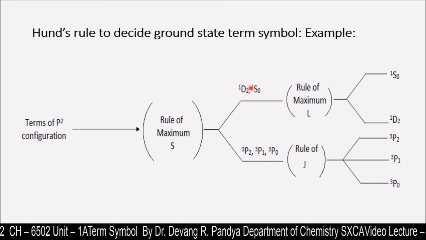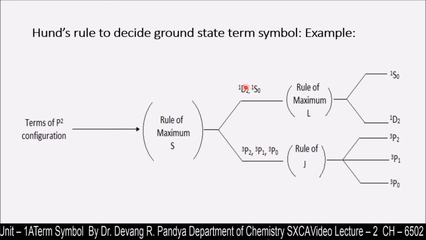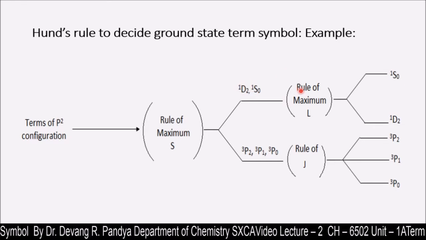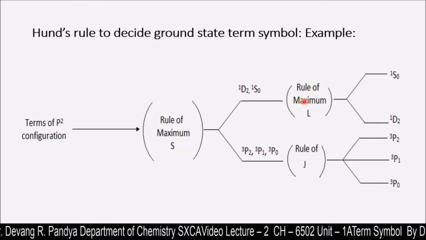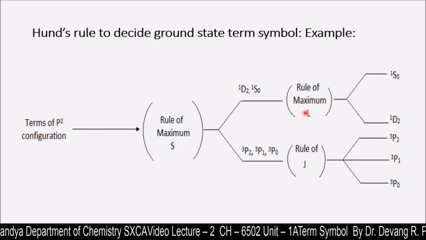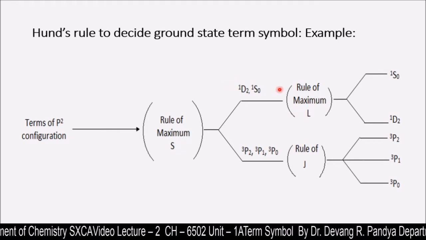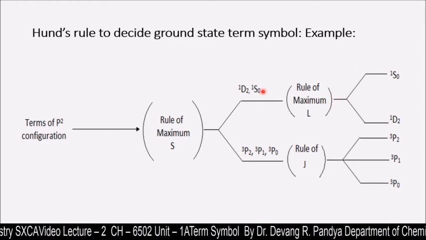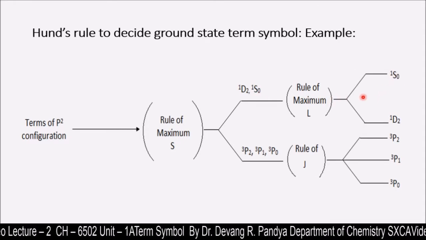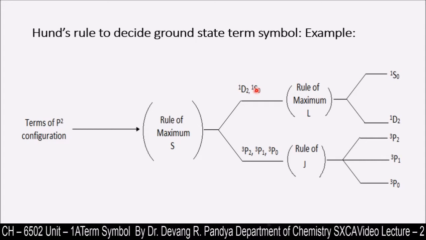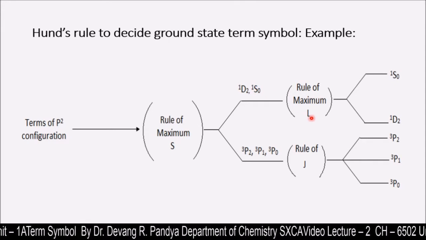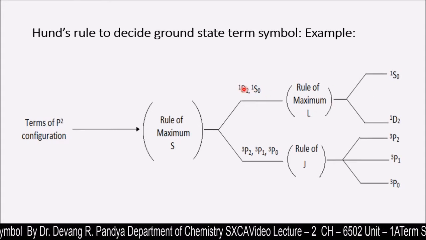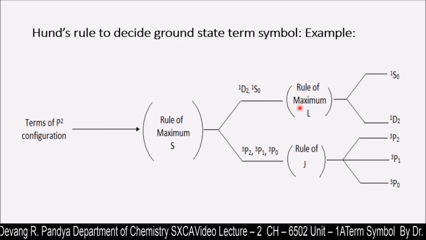So to bifurcate the energy ordering of these two, we can take help of rule 2, that is of maximum value of L. For maximum value of L, we can split this into two energy levels, because for symbol S the value of L is 0, and for D the value of L is equal to 2.